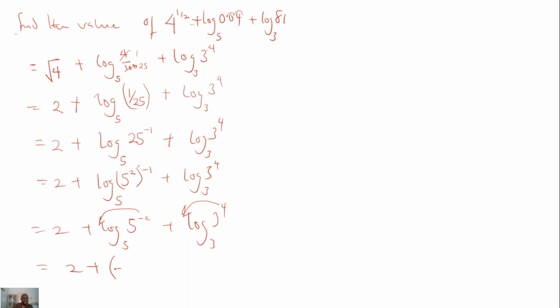So that will be minus 2 times 1, okay, plus 4 times 1, and this will be equal to 2 plus 1 times minus 2, that will be minus 2, okay, plus 4, okay. 2 minus 2 cancel each other and the answer is equal to 4. This is the final answer.